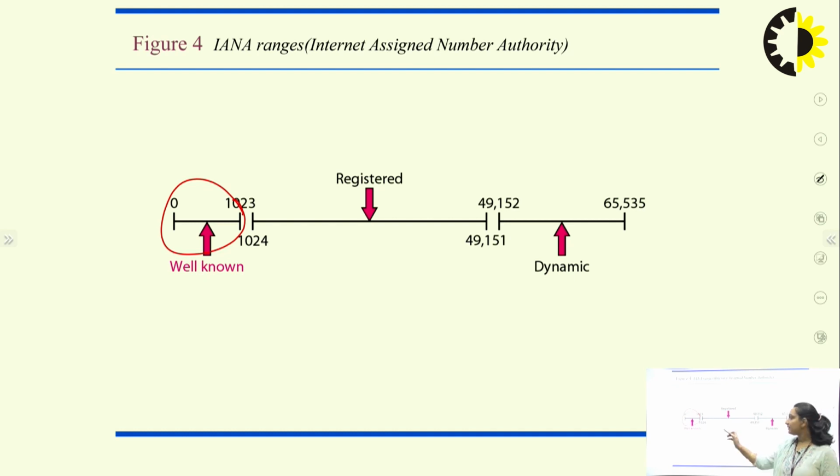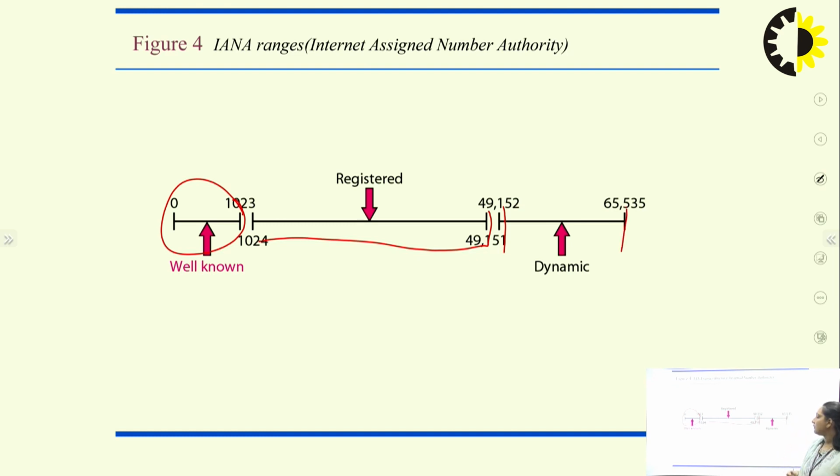Then 1024 to 49151 are registered ports, with no duplicates. These registered ports are assigned to all the applications we use on our computers.